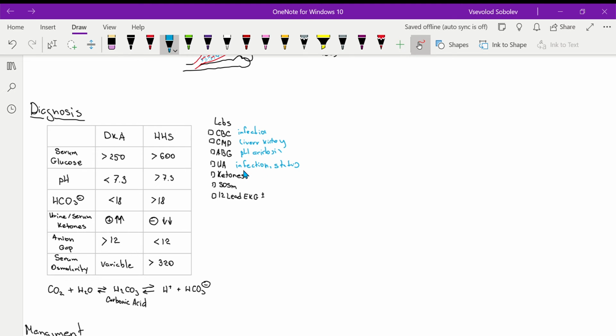Ketones, well, that's just to get them. Osmolarity, we'll get that, and a 12-lead EKG to monitor for those arrhythmias.